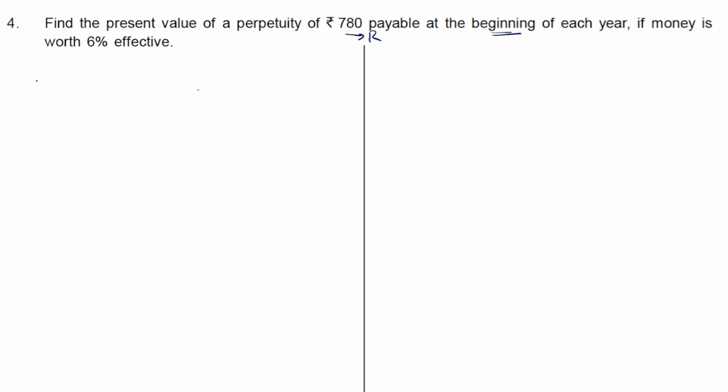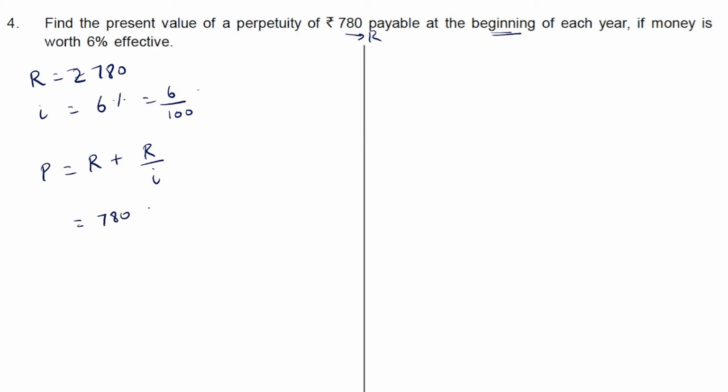First let us write what is given. R is equal to rupees 780 and I is equal to 6%, that is 6 by 100. So the formula that we have to use here is P equal to R plus R by I, because here it is payable at the beginning of each year.